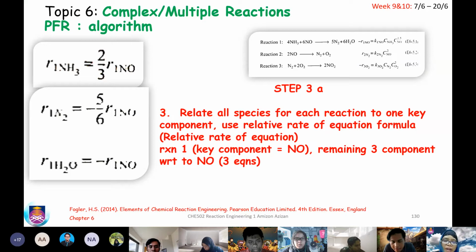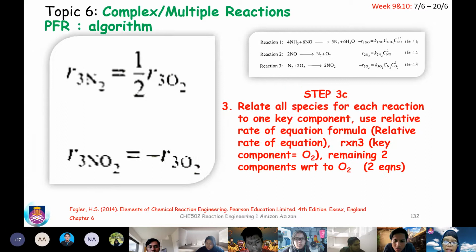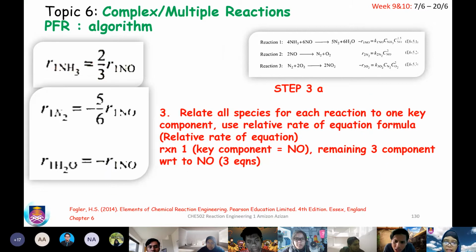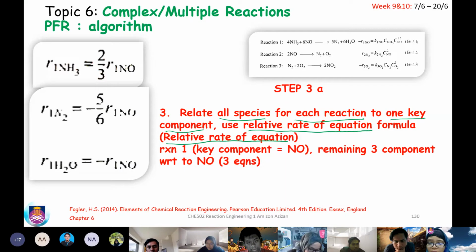Step number 3, we have 3 sub-steps, 3A, 3B, and 3C. So 3A: relate all species for each reaction to one key component. How are we going to do that? Simply by using the relative rate equation formula. 3A is referring to reaction number 1.